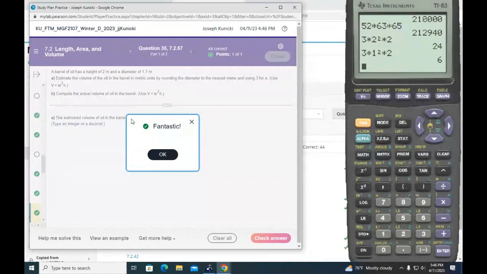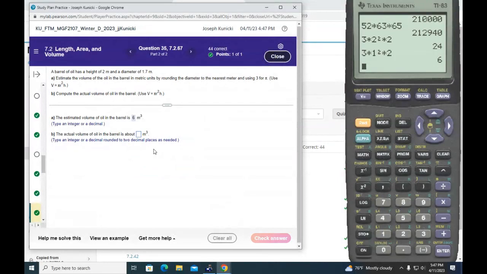It says the diameter is 1.7, but the formula uses r, which is d over 2, right? D equals 2r. So if we round d to 2, then r is 1. Now, in the next one, we're going to get the actual.